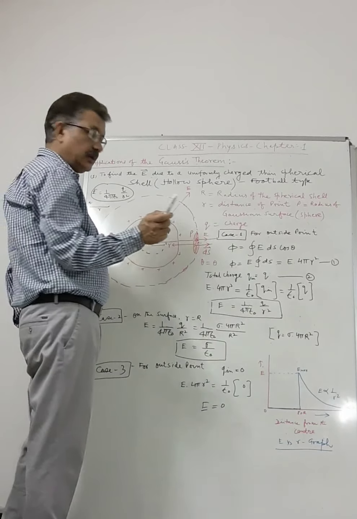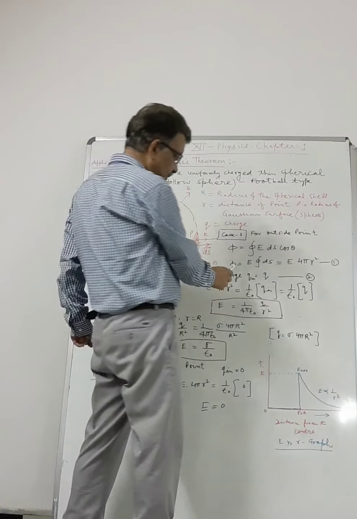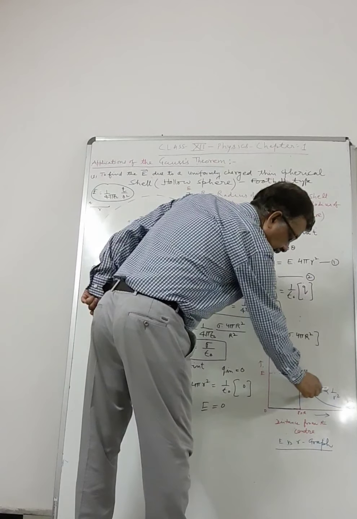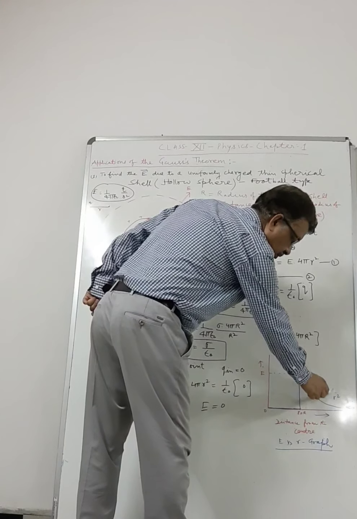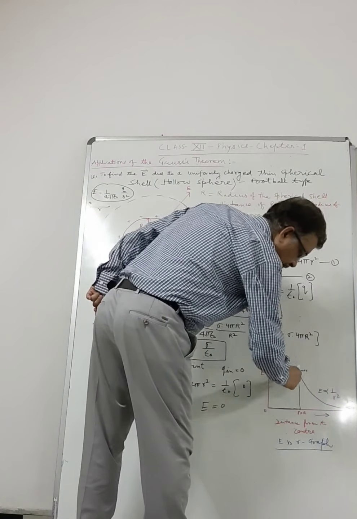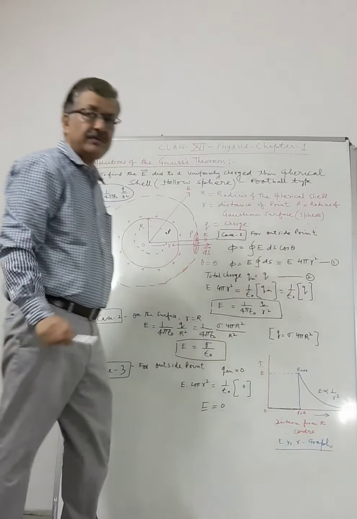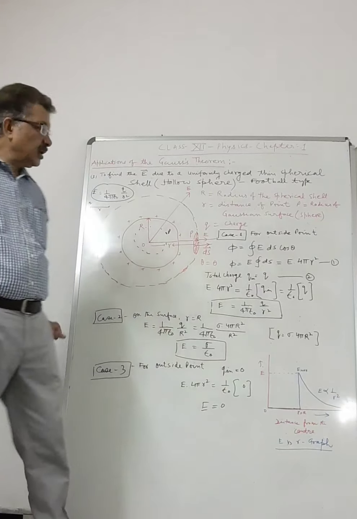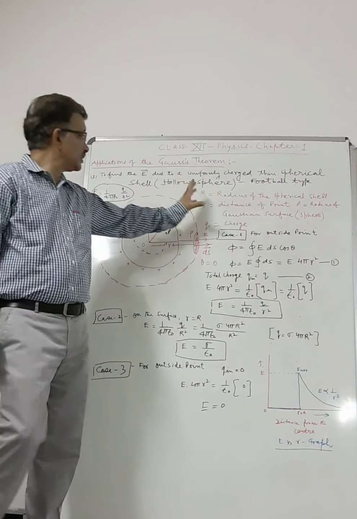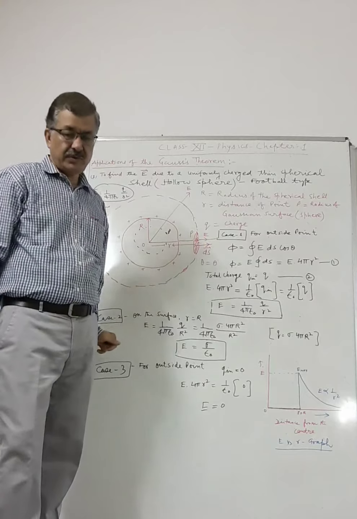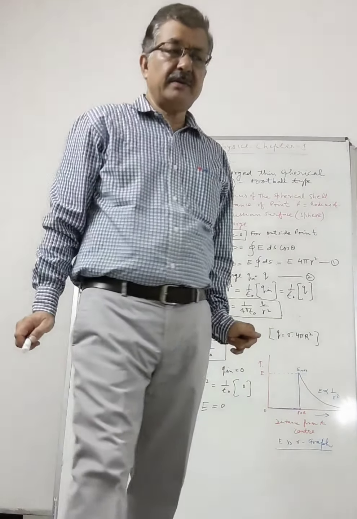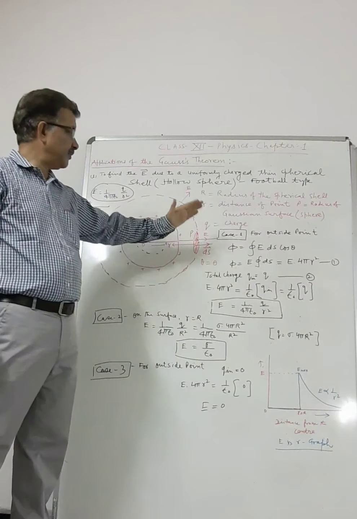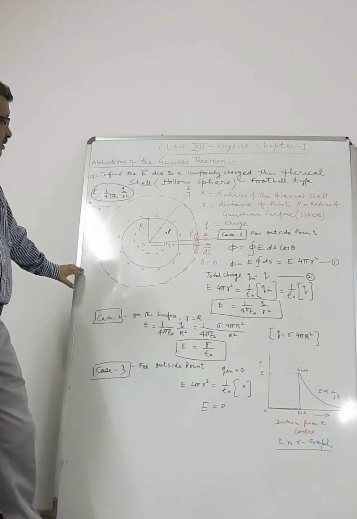And for the outside point, it has an inverse variation. So E is inversely proportional to R square. So the graph will fall like this, a sharp decrease. So it is all about this case where we have to find out the electric field intensity at different locations. Okay, thank you.